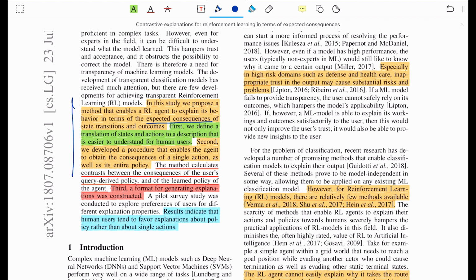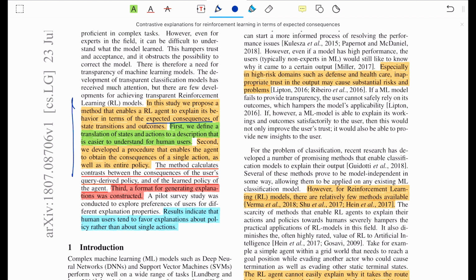Something like this is what their explanations would consist of. The second point is these explanations are in human understandable terminologies. Henceforth, we'll refer to this as concepts, that is, human understandable concepts. We'll delve further into what these concepts look like later on.